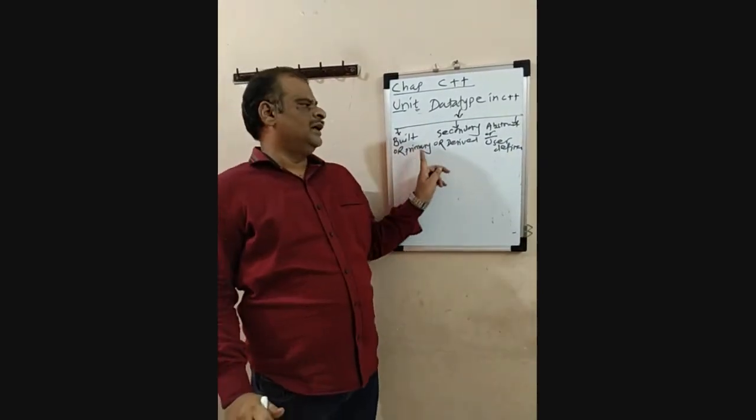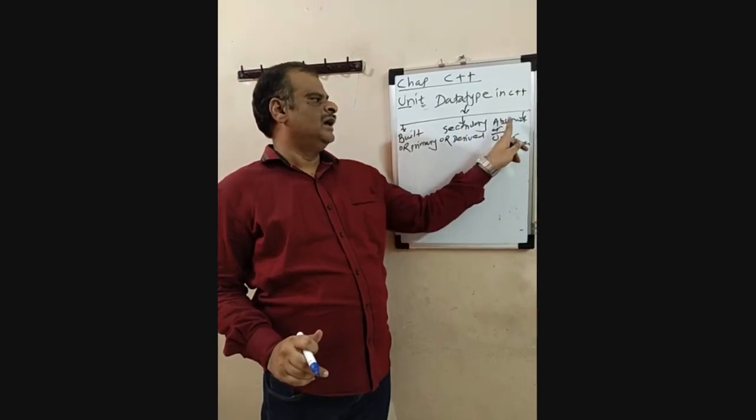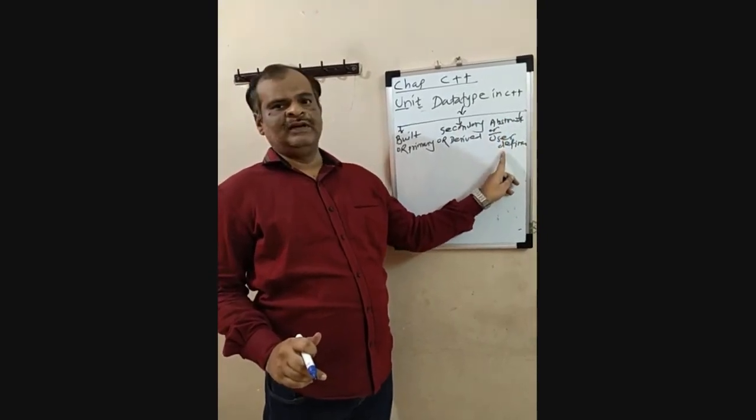Firstly, built-in or primary type. Second is secondary or derived type. Third is abstract or user defined type. These are the three types of data type.